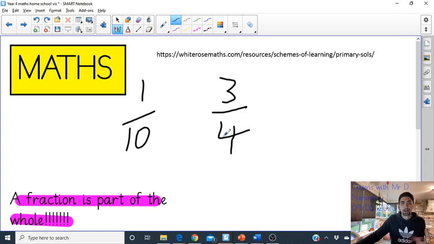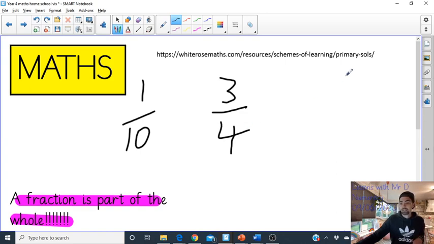What happens to the part size as your denominator gets bigger or smaller? So think about that chocolate bar yesterday, and we split it into 10 equal parts. Think about how small the parts were. Imagine that same chocolate bar, but now split it into 4 equal parts. Are my parts bigger or smaller?